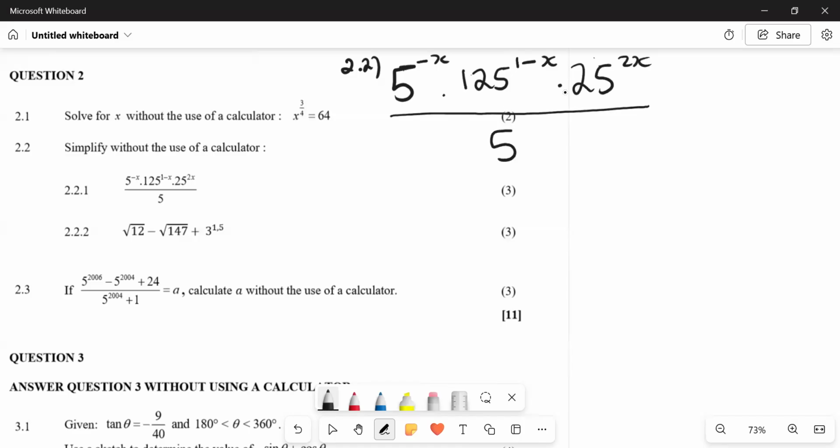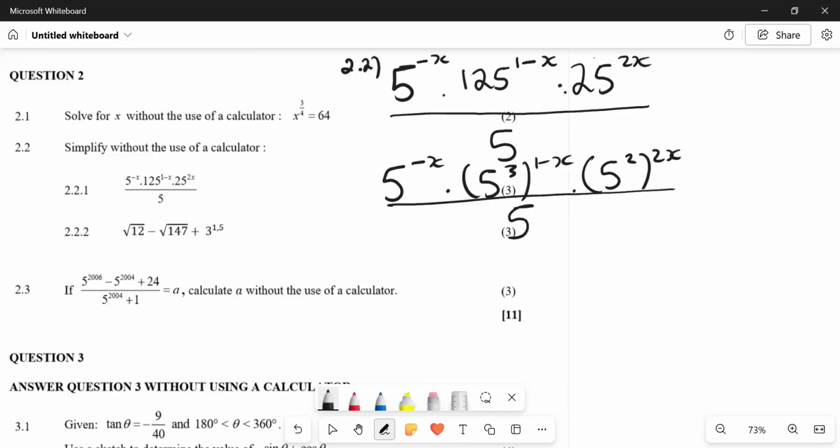First step, change everything into prime factors. So this is 5 to the power of negative x. Then we change this to 5 to the power of 3(1 minus x). We're trying to find the same base so that we can use the laws of exponents here. Divide by 5. And then from here, let's get rid of the brackets.